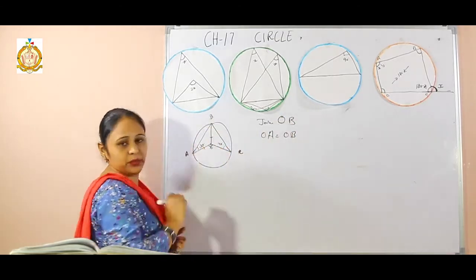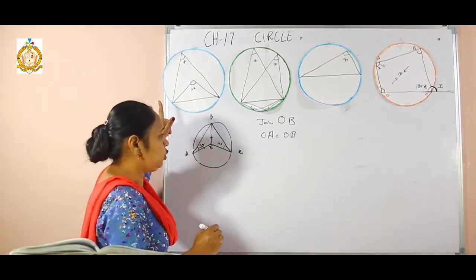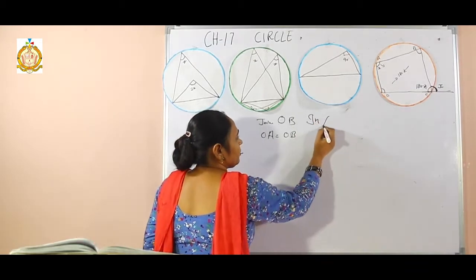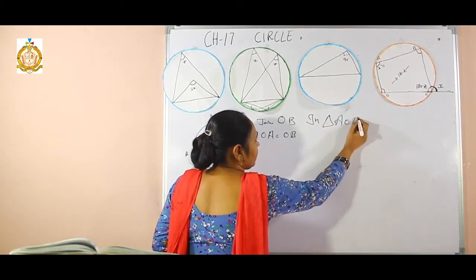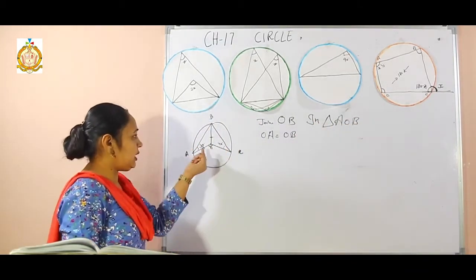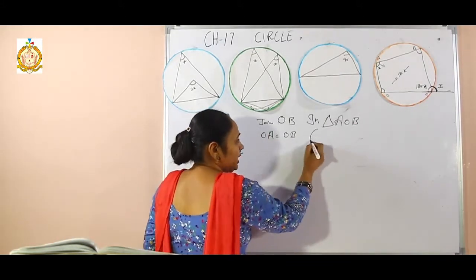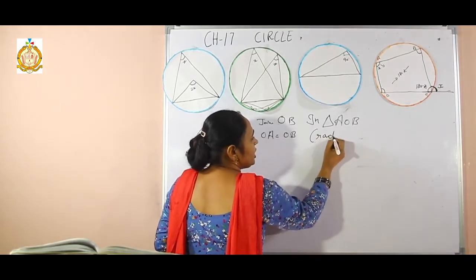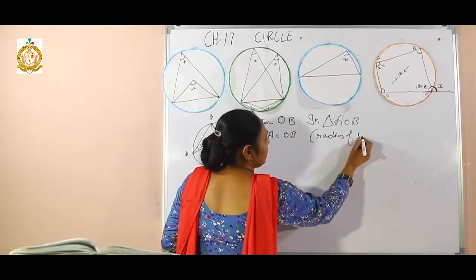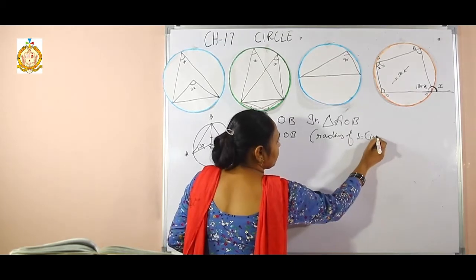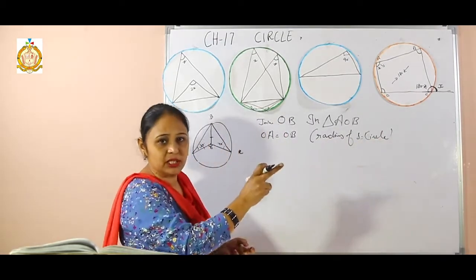I join OB. Now in triangle AOB, OA equals OB. Why are these equal? Because they are radii of the same circle. I have to give the reason.